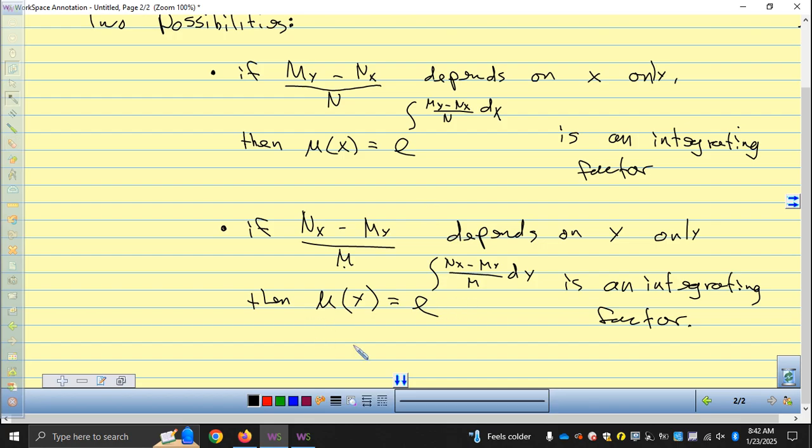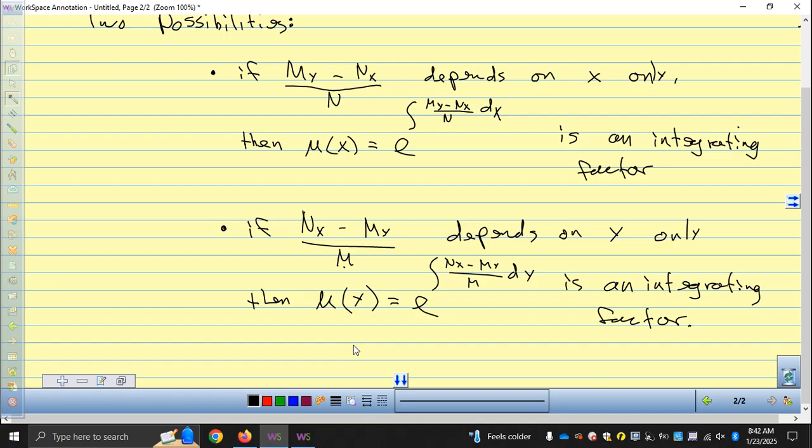And then once we have mu, we can multiply through by mu, and that turns our equation into an exact equation. It goes through it in the book. If you're interested in it, I can go through it as well. I have it here in my notes. It's not super technical, but it involves solving another differential equation that lets us find mu, and then multiplying through by mu to make our equation exact.